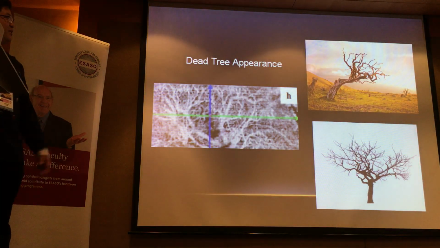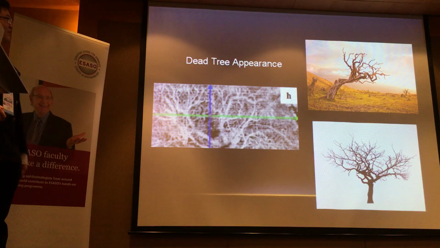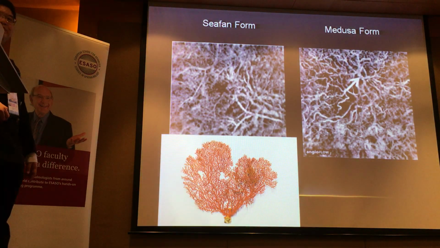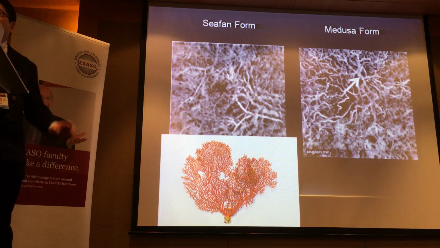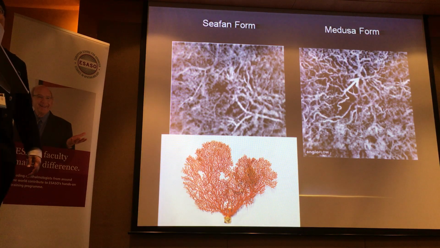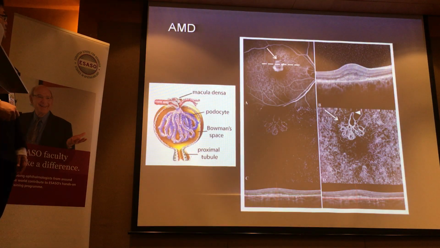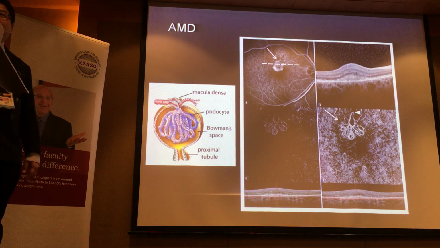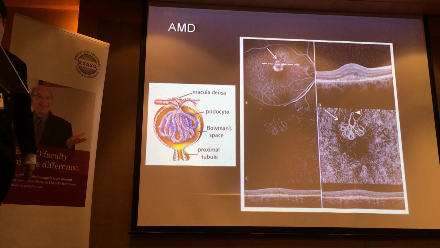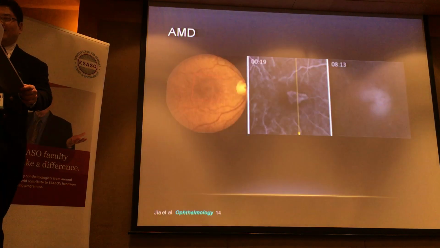But I presume it's trying to represent something like this. And then there's the sea fan, something like this. A Medusa, I deliberately withheld showing a photo of a Medusa here. And even this has been described as a glomerulus appearance, which, if you remember anatomy, looks like that in the kidney. So not something that we worry about too much.